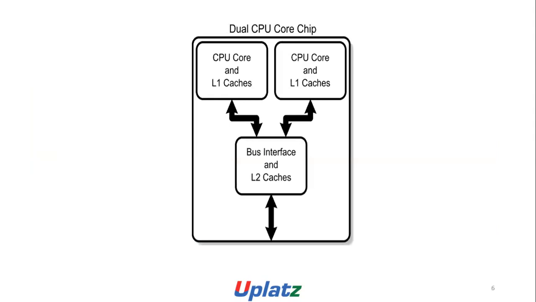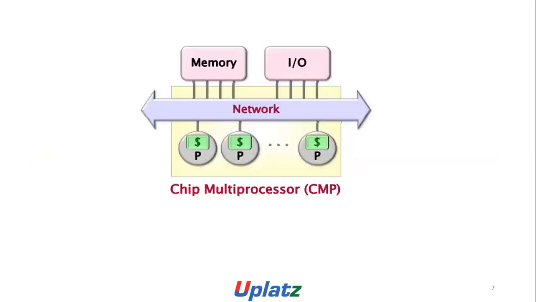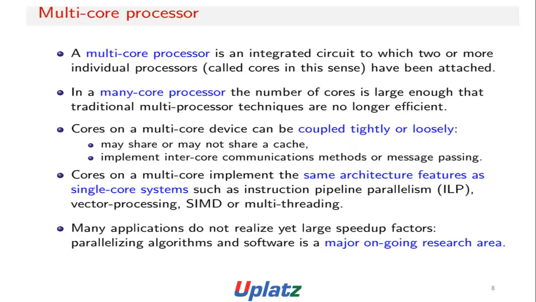A dual-core CPU chip consists of CPU cores, each with its own cache, connected through a bus interface. A chip multiprocessor consists of various processing elements, a network, a memory, and I/O. A multicore processor is an integrated circuit to which two or more individual processors, called cores in this sense, have been attached.